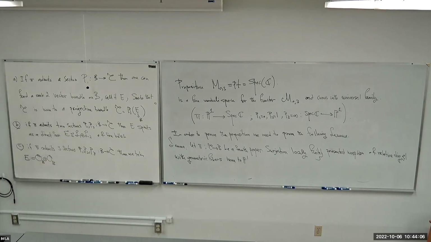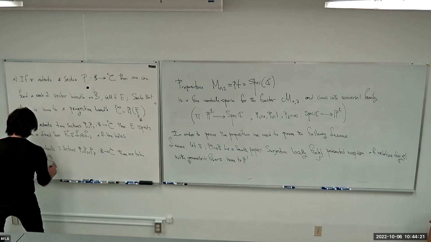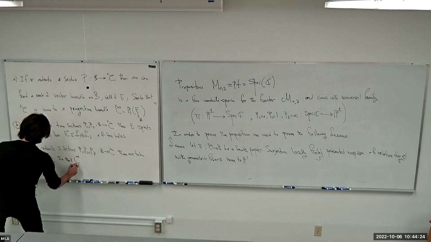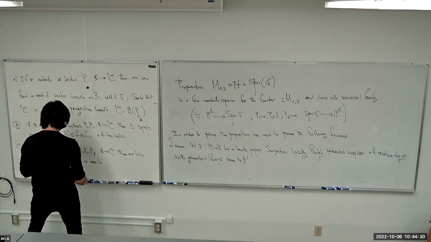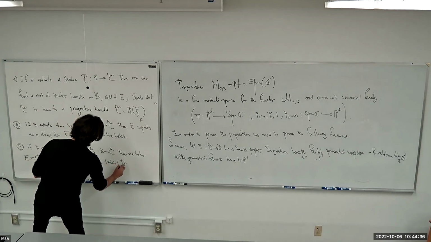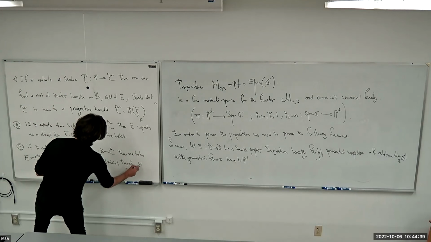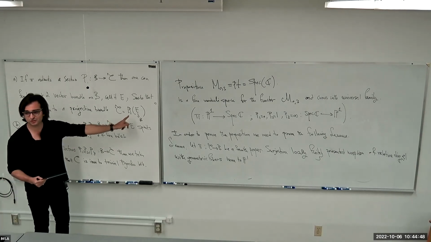So if it admits 3 sections, it at least admits 2 sections, so it's the direct sum of 2 line bundles. But the third section shows you that you can take that rank 2 split bundle as O plus O, the trivial bundle, so that C is isomorphic to the trivial projective bundle. So if C admits at least 1 section, C is the projectivization of a rank 2 bundle.